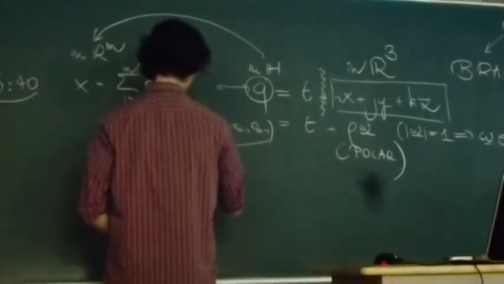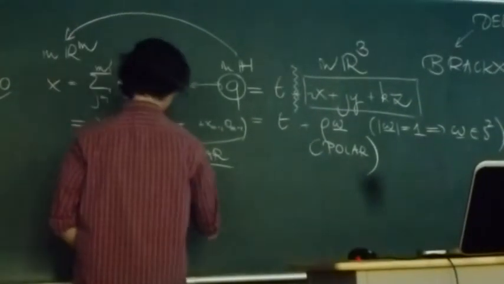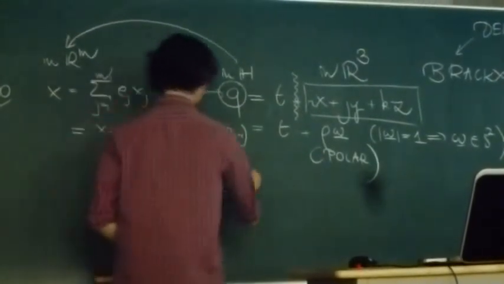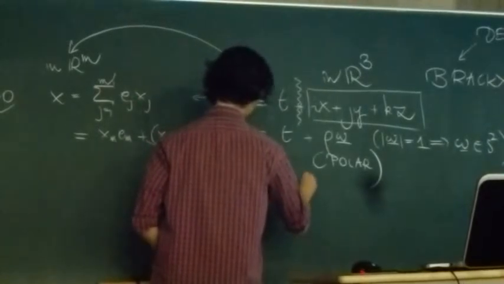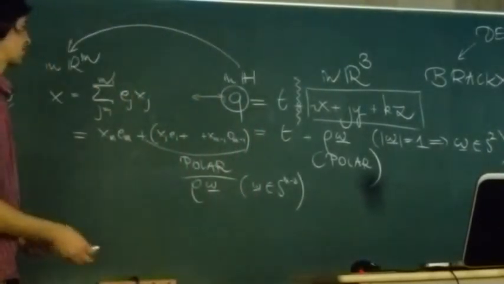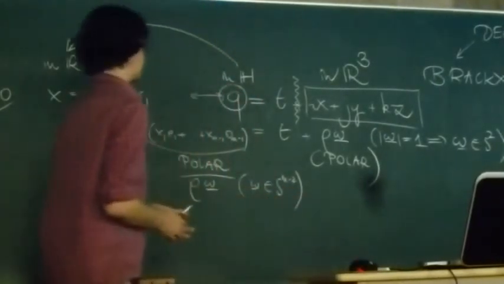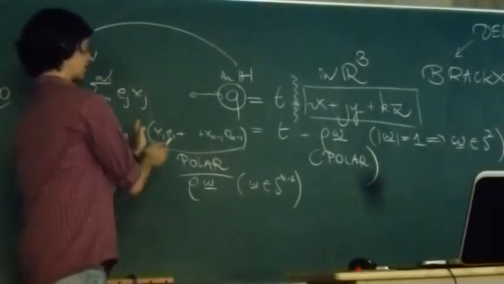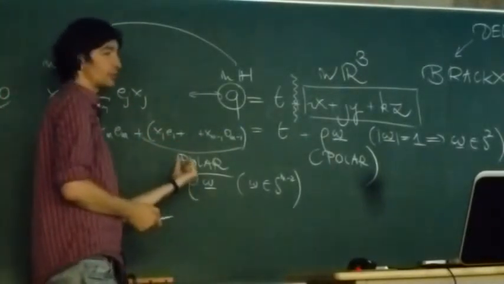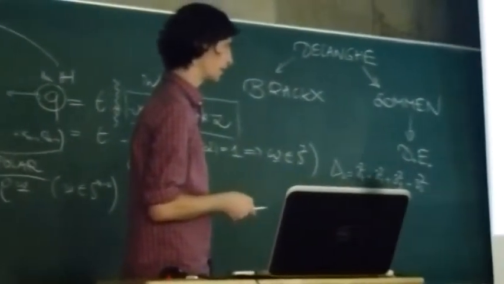And here I again do a polar decomposition. So here I again write rho omega. Now omega is of course a unit vector in n minus 1 dimensions, so the sphere S^(n minus 2). But the idea is the same. You split it. You take one direction and then all the others, and in the other directions you do a polar decomposition. And again, these numbers are substituted instead of the x and the y.